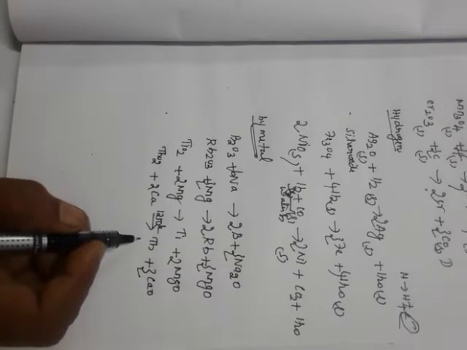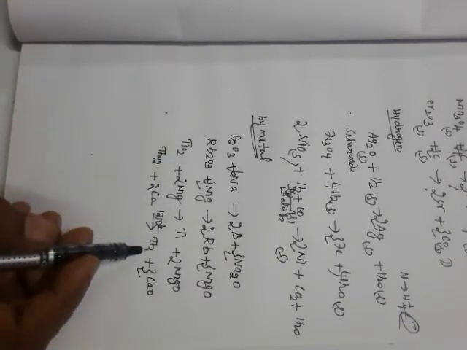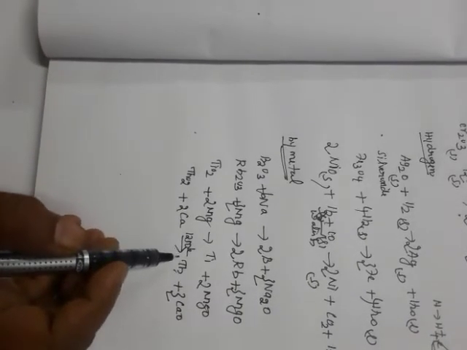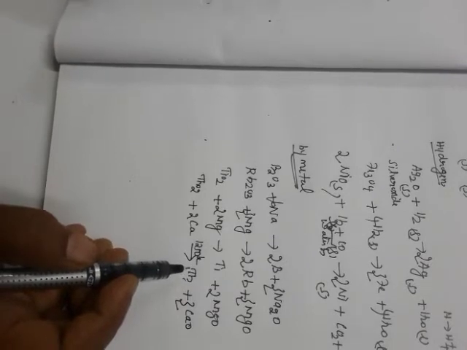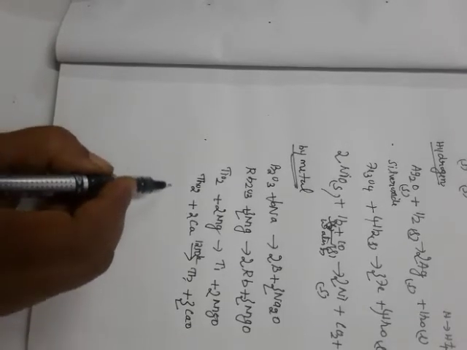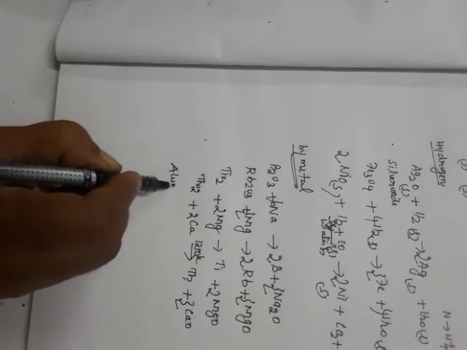Now, by a metal, chromium is extracted from chromic oxide and aluminium. Since it is extracted using aluminium metal, it is called the aluminothermic process.